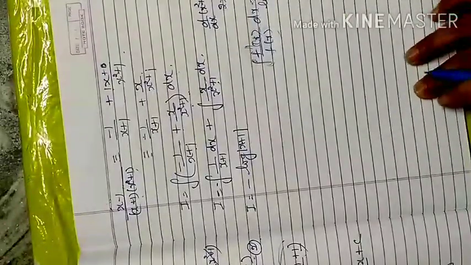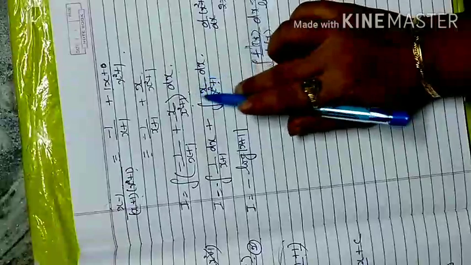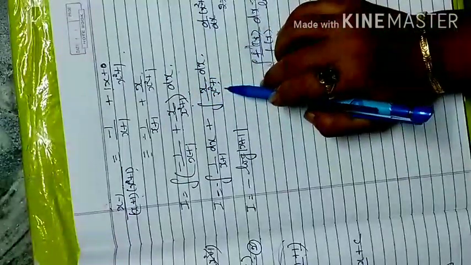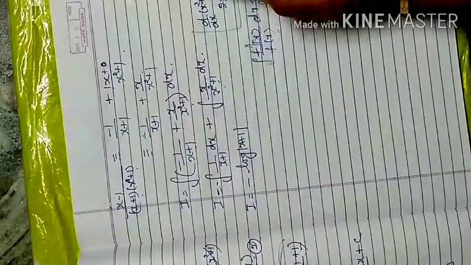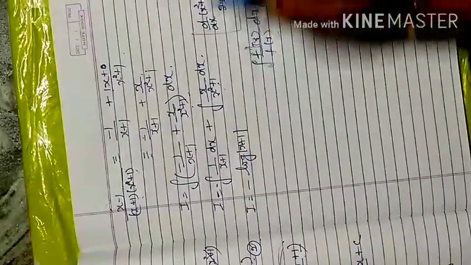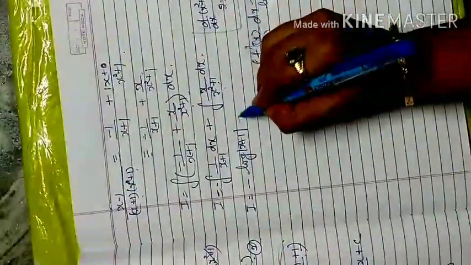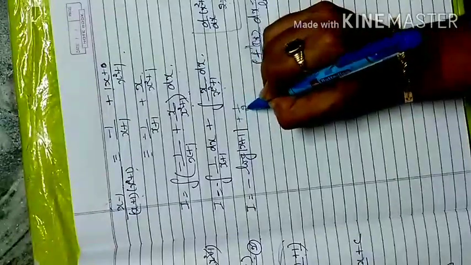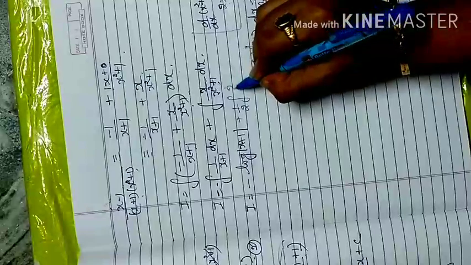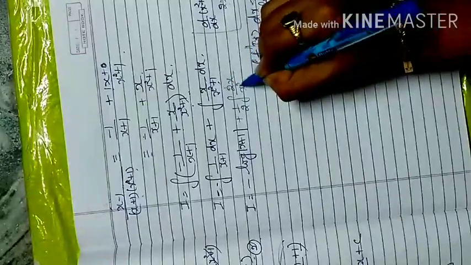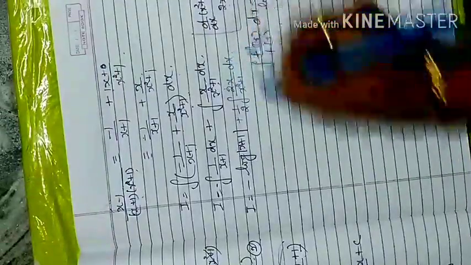Only condition is that I have to convert the numerator to exactly the differentiation of the denominator. I already checked on the rough side that the differentiation of the denominator is 2x, but only x is there. So to make the differentiation in the numerator, I multiply numerator and denominator both by 2 in x square plus 1 dx.